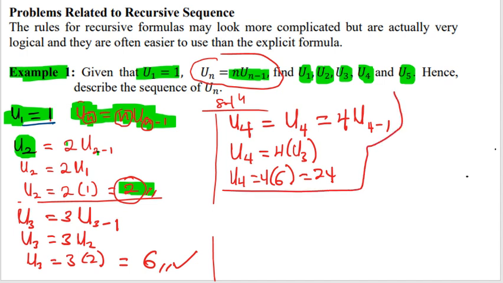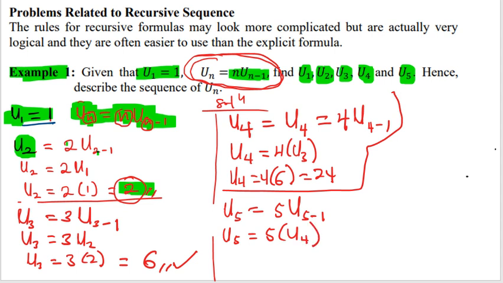Now let's move on to u5. u5 also means that wherever you see n, put in 5. So we are going to get u5 equal to 5 times u5 minus 1, and we will get u5 equal to 5 multiplying u4. But what is u4? u4 is 24.